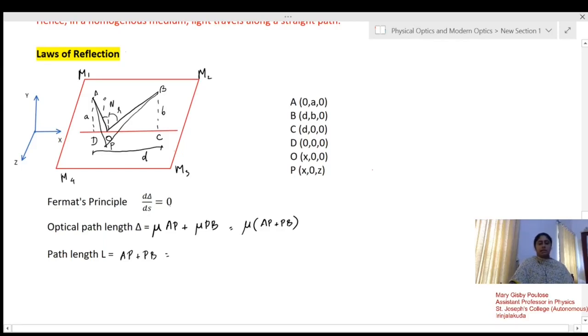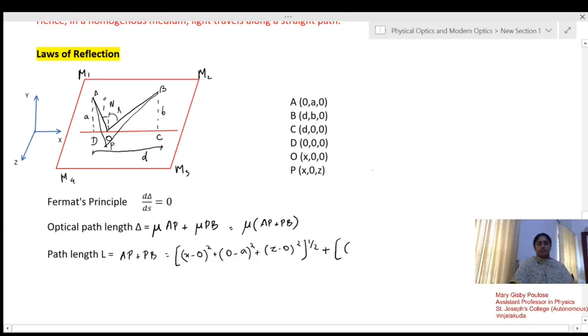So using that, I'm going to write AP is equal to x minus 0 the whole square plus 0 minus a the whole square plus z minus 0 the whole square raised to 1 by 2 plus PB.